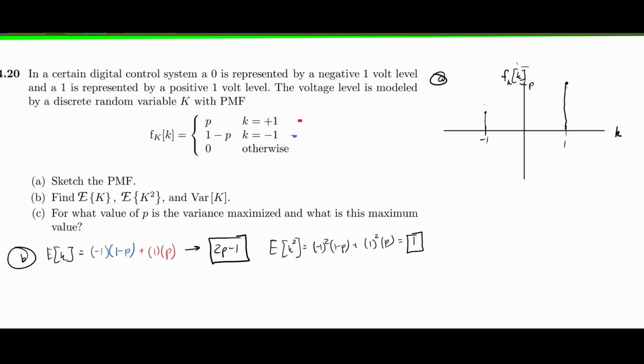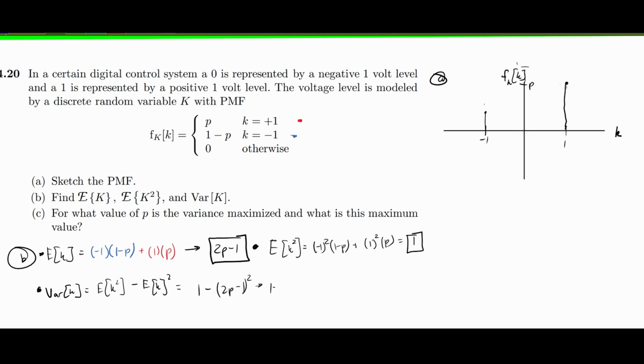And now we want to find the variance. I'll do little bullet points so we don't get confused. The variance of K is just going to be equal to E of K squared, and then we're going to subtract from this E of K, and the whole thing squared. So this is going to be equal to 1 minus 2P minus 1 squared.